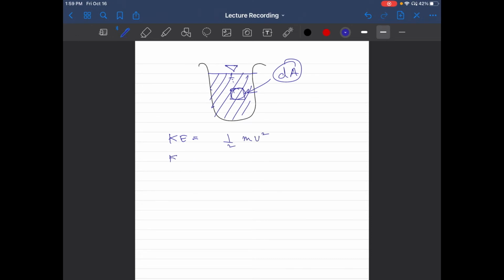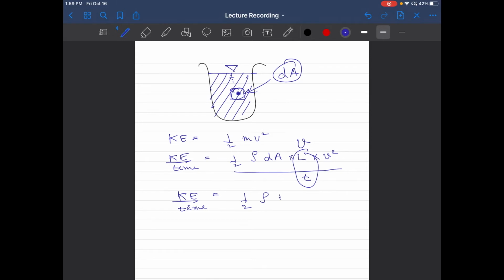If we talk about kinetic energy per unit time, we can write this mass as rho dA into length perpendicular to this plane of paper multiplied by v square. And since we are interested per unit time, we will introduce time unit t. And this L by T is nothing but it is again velocity, flow velocity across the section. So KE per unit time now can be written as half rho V cube dA.